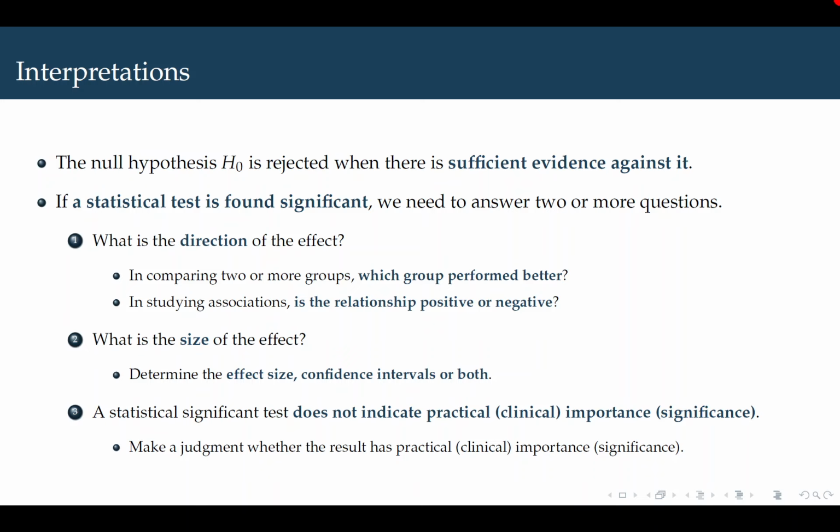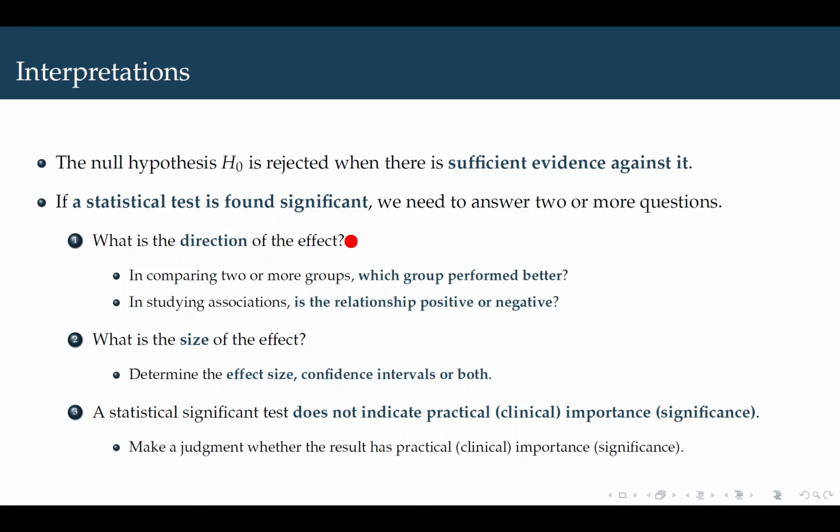Once the test is significant, or once H naught is rejected, we have to answer some questions. For example, we need to identify the direction of the effect. In comparing two or more groups, we are interested in identifying which group performed better or which group has the higher value.